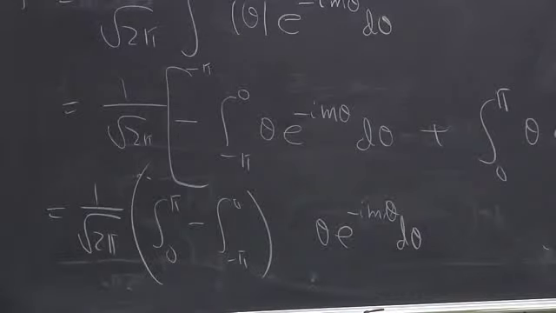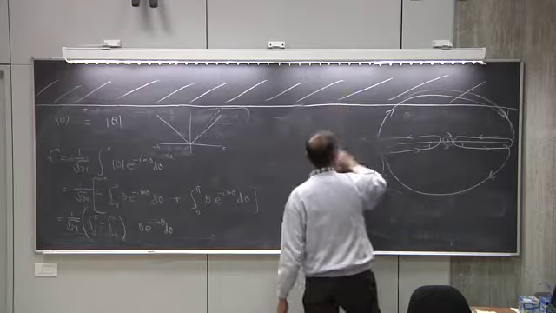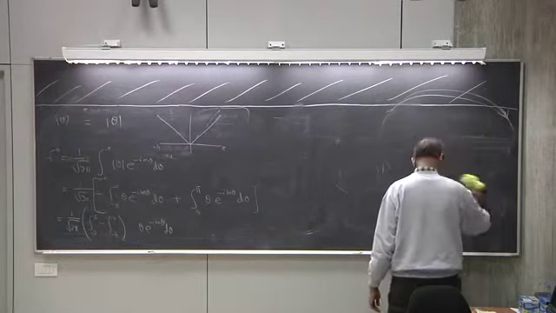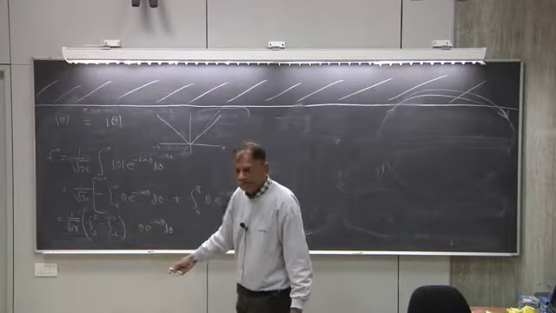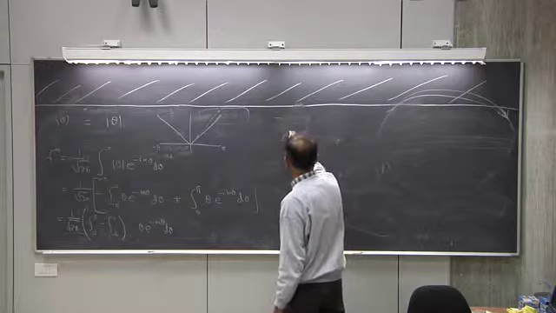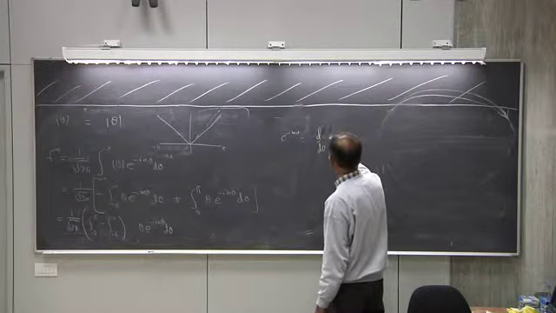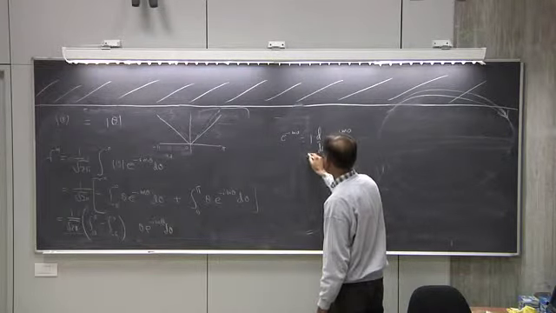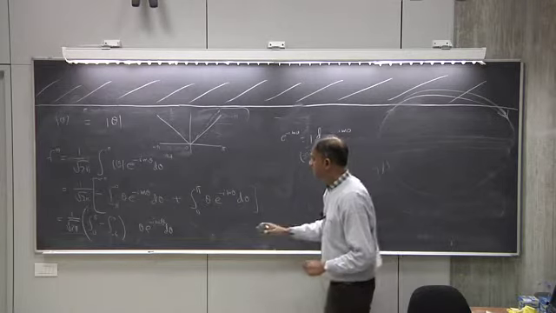Okay, so how do we do this integral? Again, integration by parts, nothing more. So write e to the minus i m theta as d by d theta of e to the minus i m theta divided by minus i m, right? And then do an integration by parts.